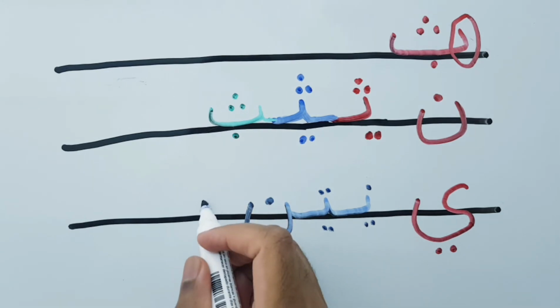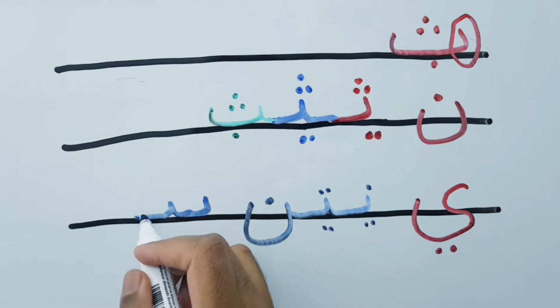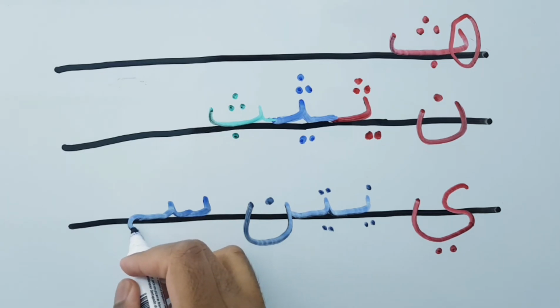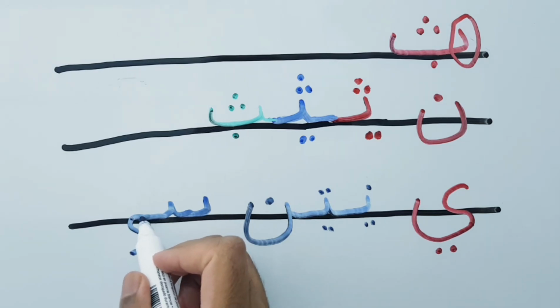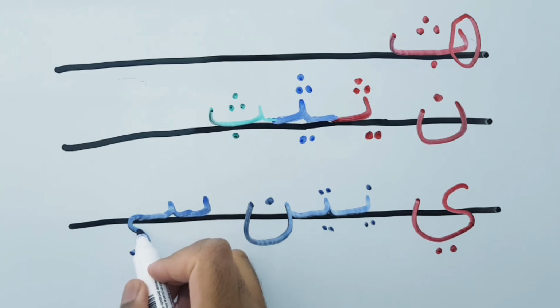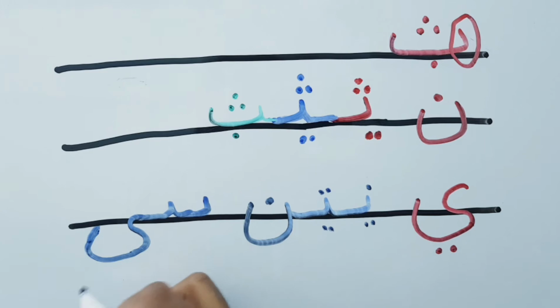So let me start again. And then ya, I'm going to do this. Notice how I just joined it from here. If I raise it and go up, then it's going to be a different letter there. I'll show you inshallah towards the end. طيب.